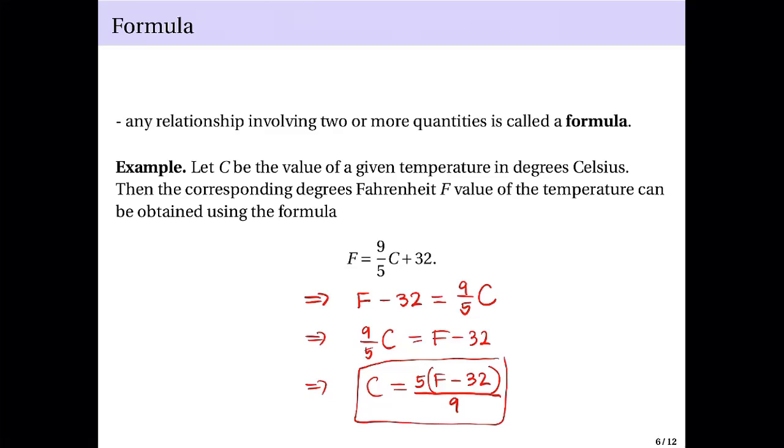So if you are non-American, and you use Celsius and you go to America, you will see there 98 degrees or 87 degrees, and they mean Fahrenheit. So you use this formula to convert to find the corresponding Celsius if you are used to using Celsius.